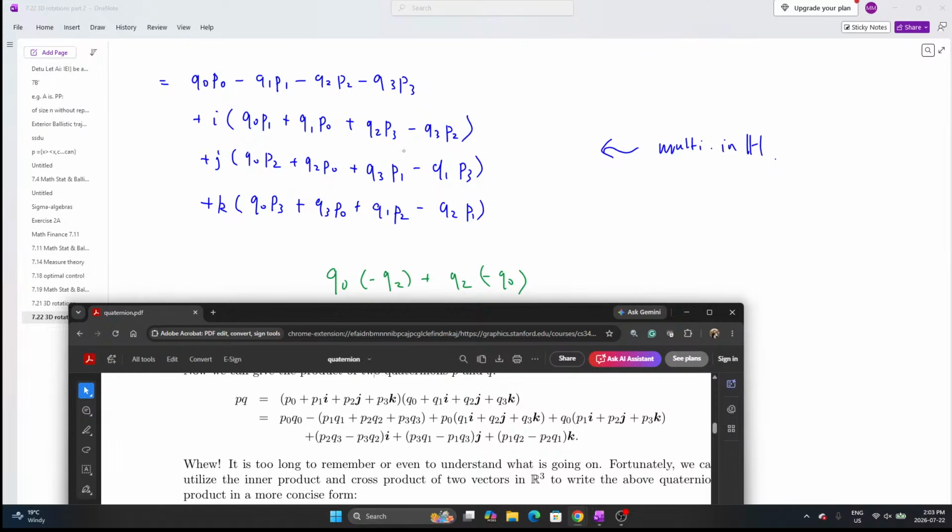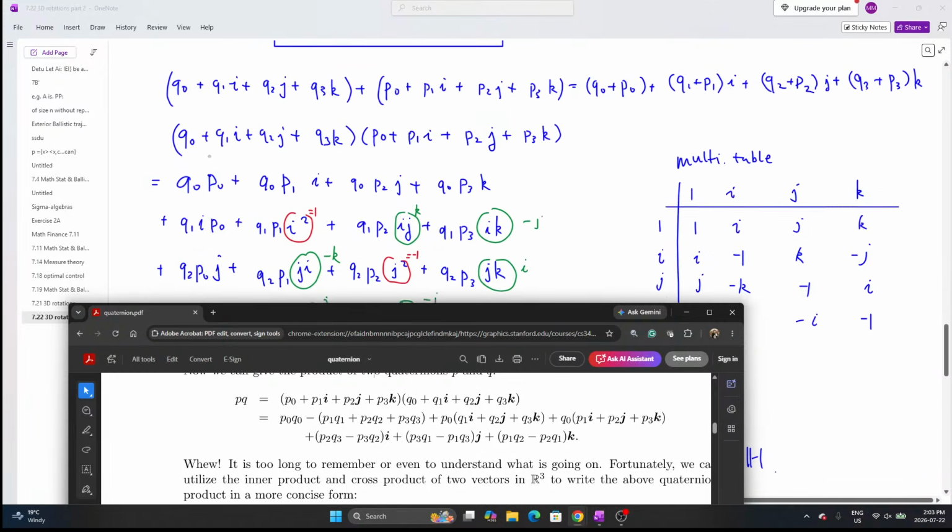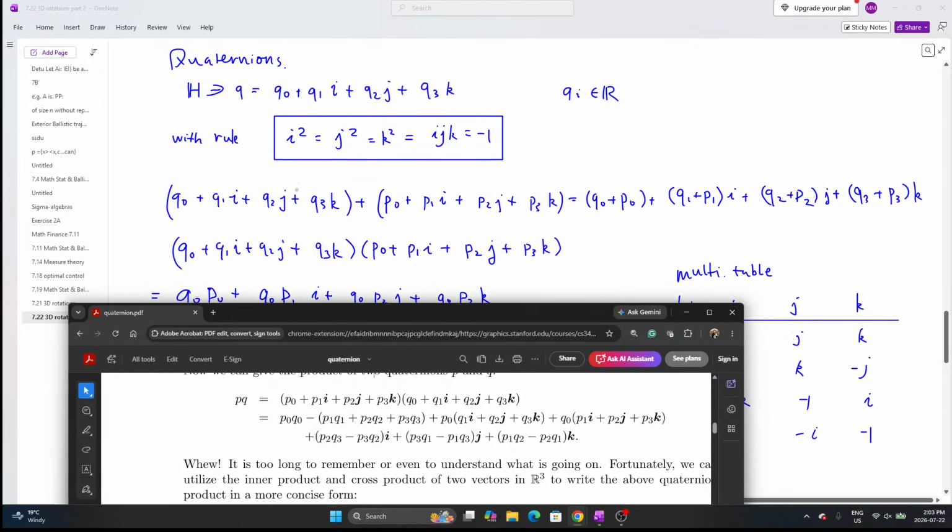This is wrong. This is not consistent with the formula. Actually, I put Q before P, no?